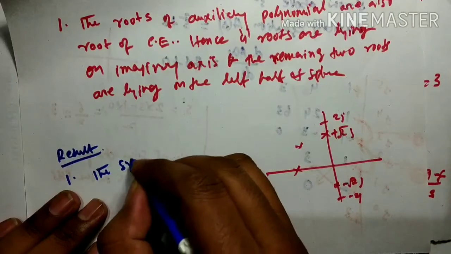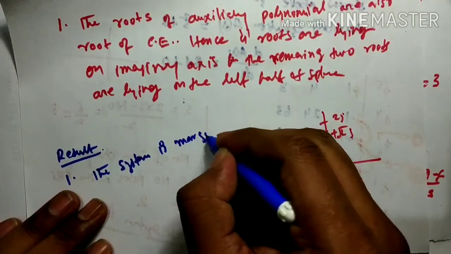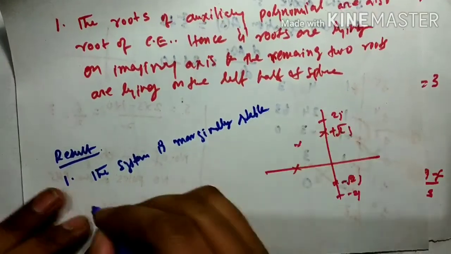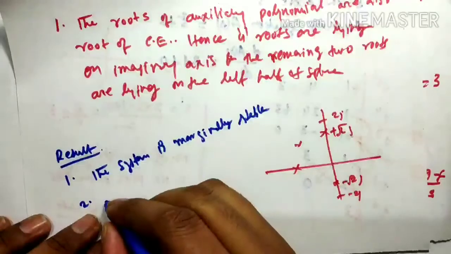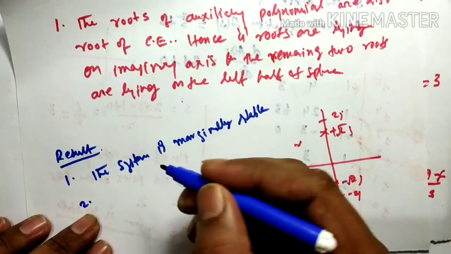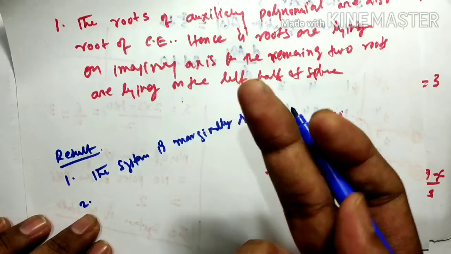The system is marginally stable. So how many roots are on the right of the s plane? How many roots on the left of the s plane? How many roots on the imaginary axis?